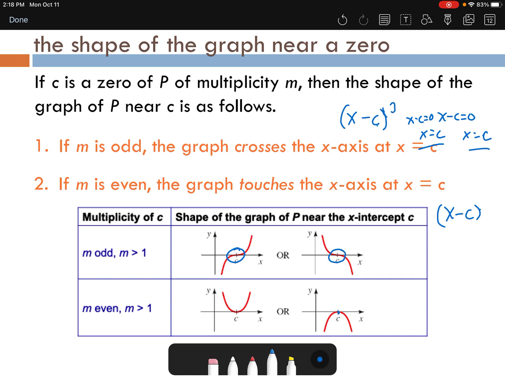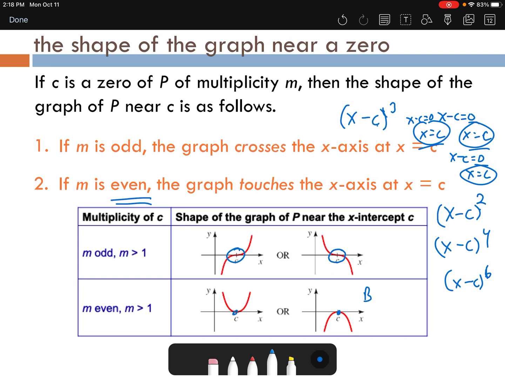Of 3 or 5, sorry, you're going to get x equals c 3 times. That's a hug. But when you have an even power, sorry, x minus c to the second, x minus c to the fourth, that means it's going to bounce off.